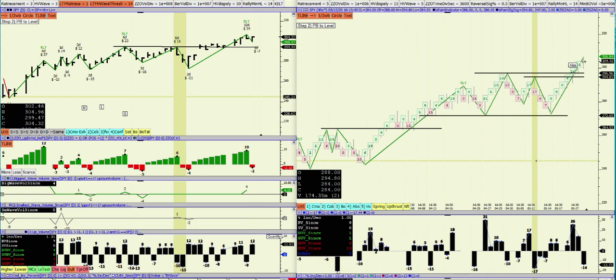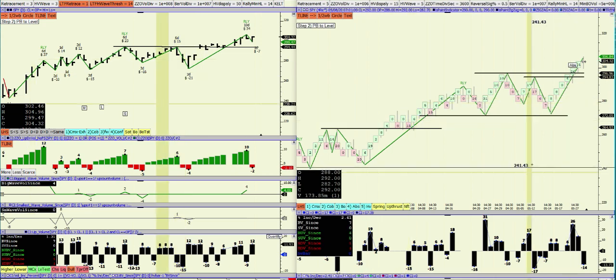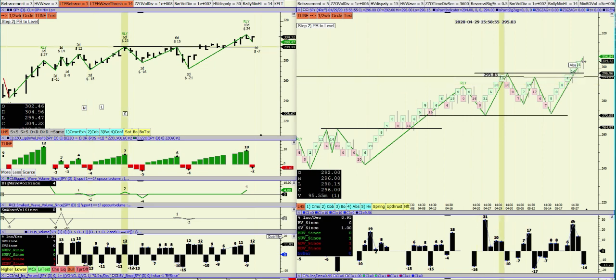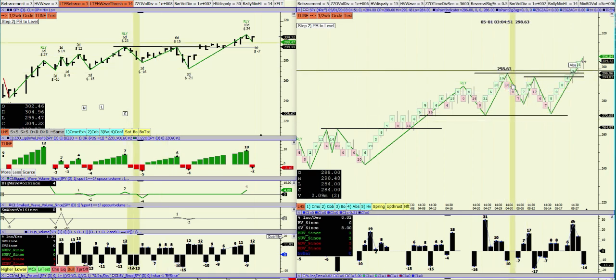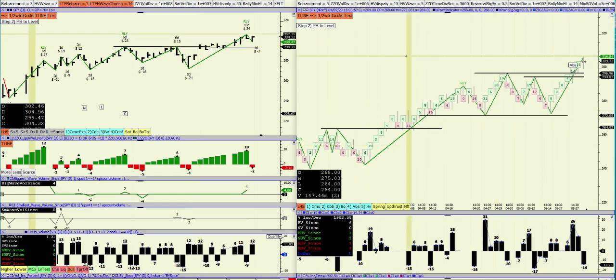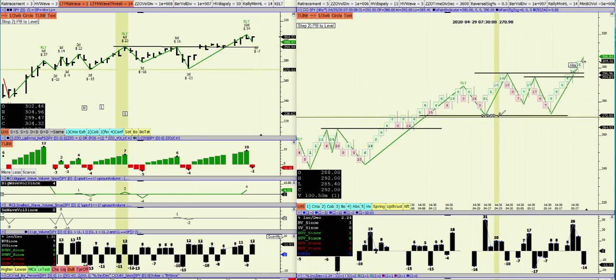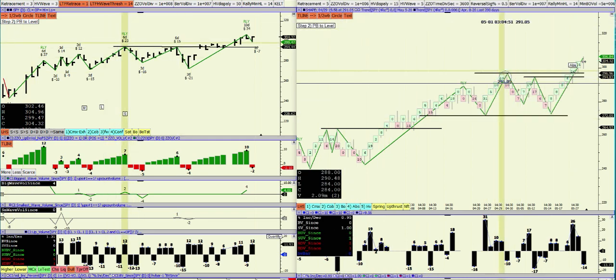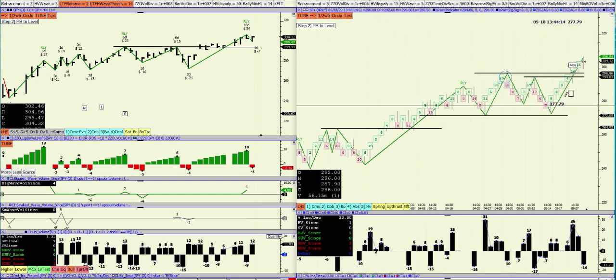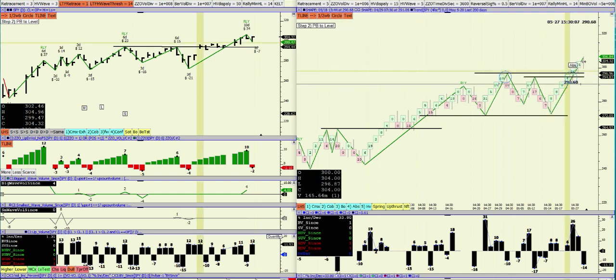The other thing is with a point and figure you can do counts. Over here you can, but there's other targeting techniques as well. So this is a pretty significant breakout, from here to here. So this would be 1, 2.